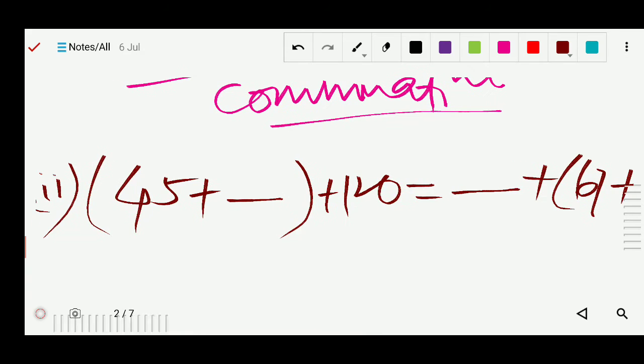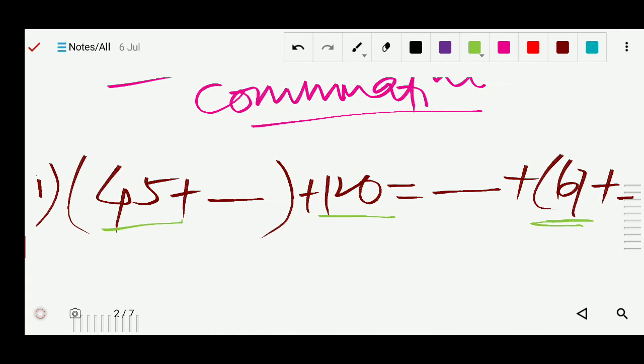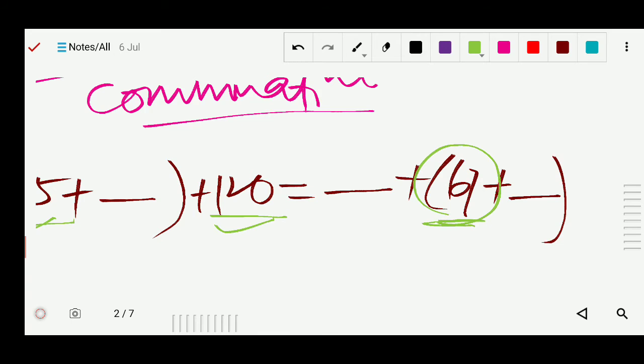On the left side there are 2 numbers in the bracket, but on the right side you can see only 1. So first we have to fill in the number. Here 45 and 120 are there, and what is the new one? 67. This 67 we can place here.